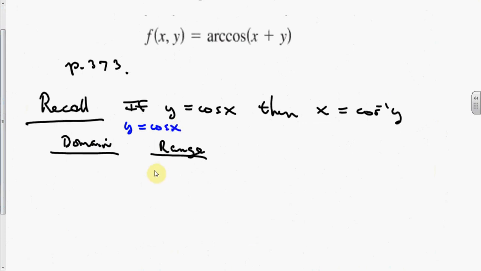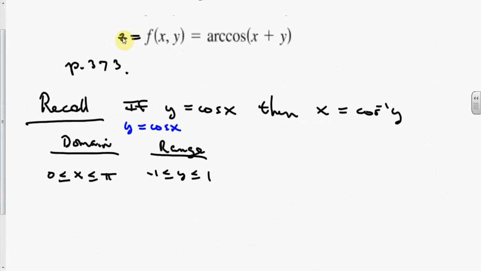So we know that the range goes from -1 for y to 1, right? Well, that gives us x values go from 0 to pi. Now, if that's the case, then notice here that this becomes z.